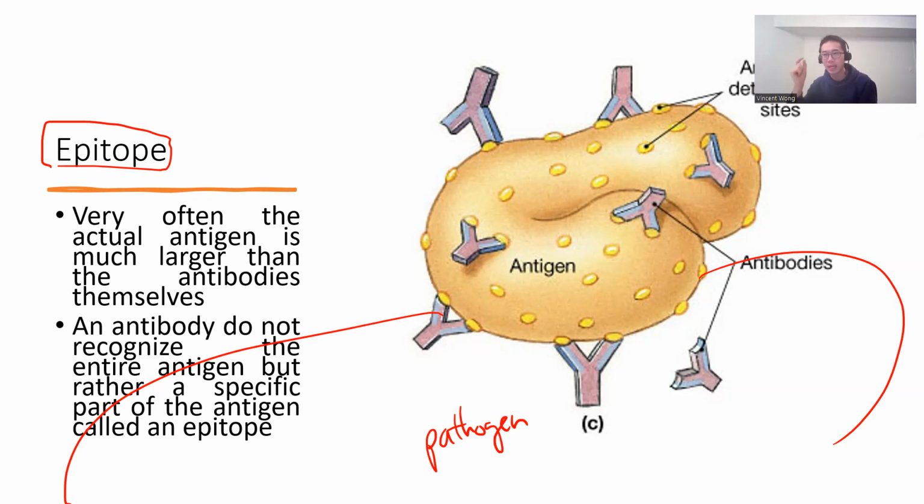If you are able to identify a unique defining feature of a pathogen, like the trunk of an elephant, like the neck of a giraffe, then you are going to be able to create an antibody that is more effective in identifying it.